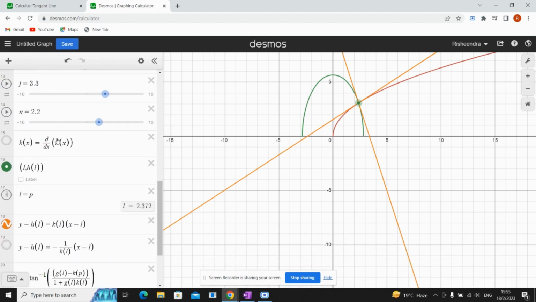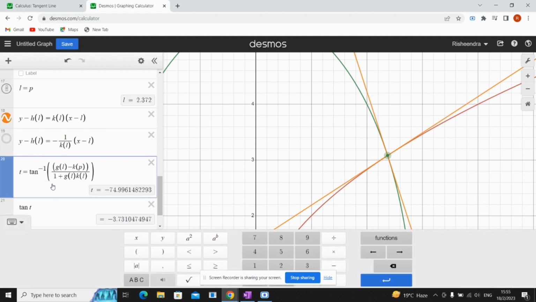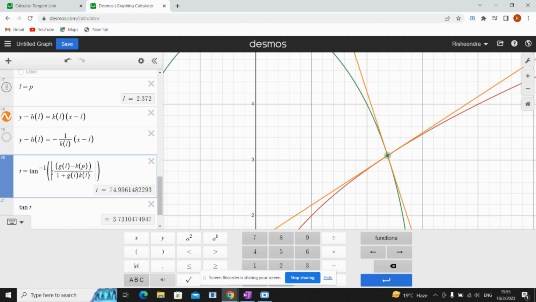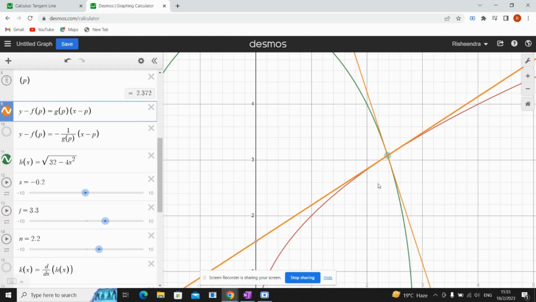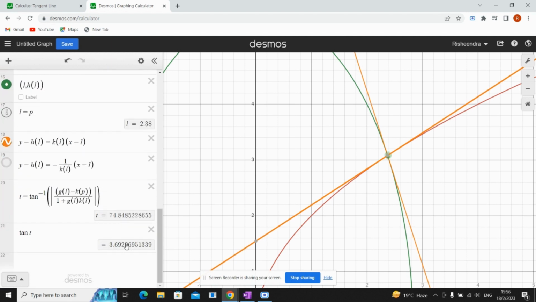See, the angle is 74 degrees. There should be a mod in here, which I forgot to add. So it's 74 degrees. You get it, right? Or we can also say tan inverse 3.69.